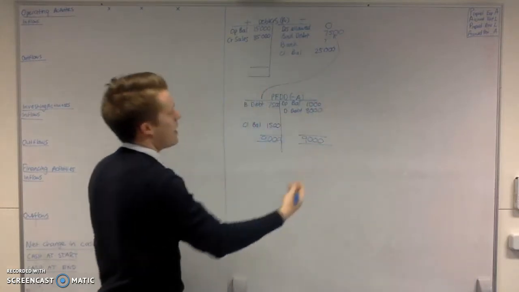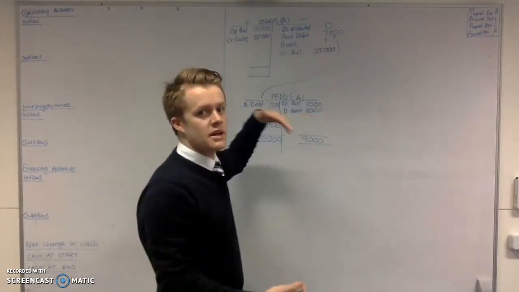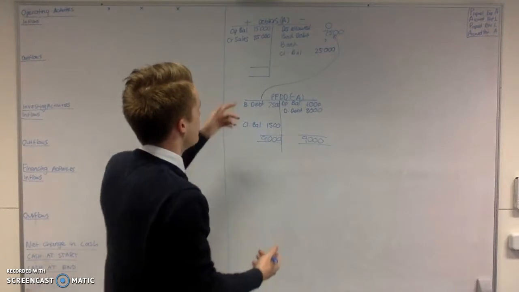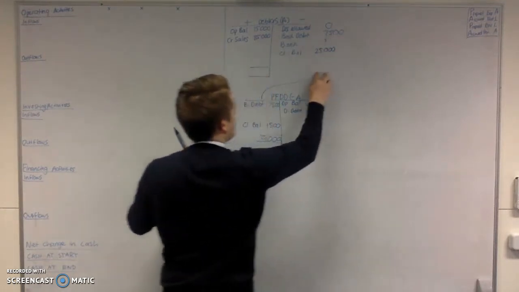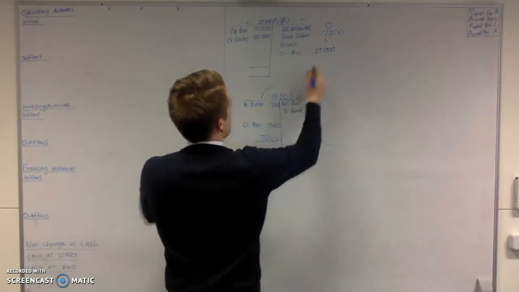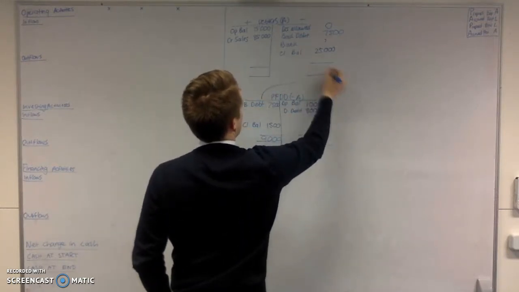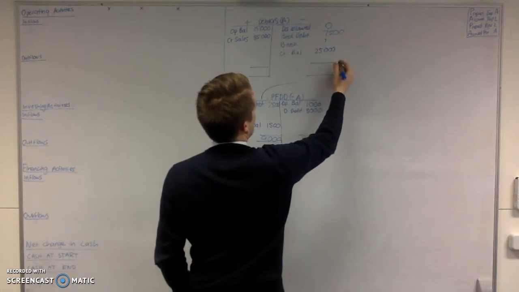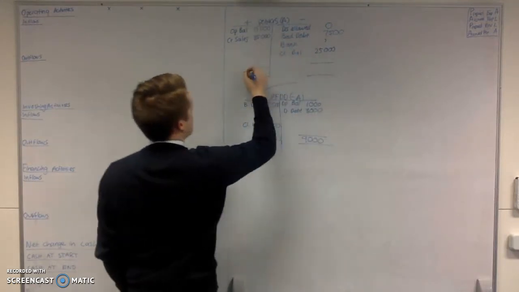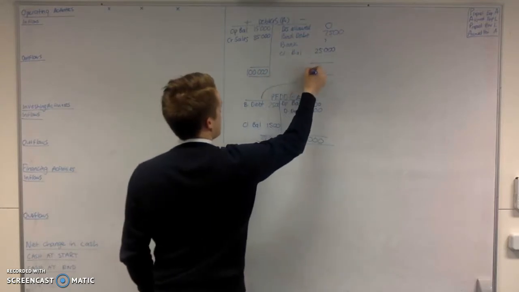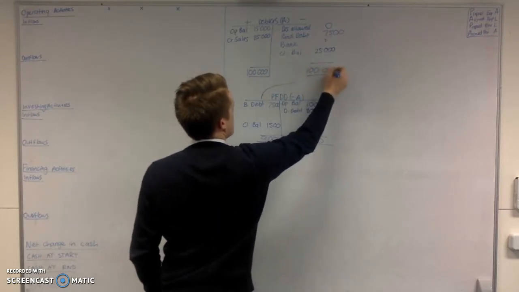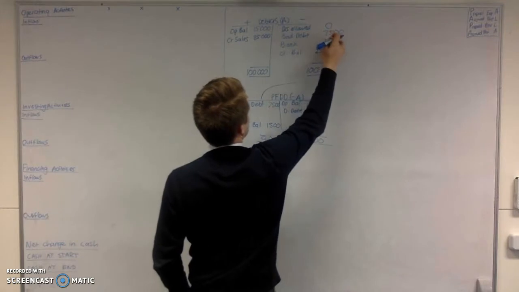Okay, and now that we've got bad debt, we can again solve back to find bank, because that's the figure we're actually concerned with: how much cash our debtors pay the business. So I'll add up the largest side, which is 100,000, carry it across, and then solve backwards to find the bank account.